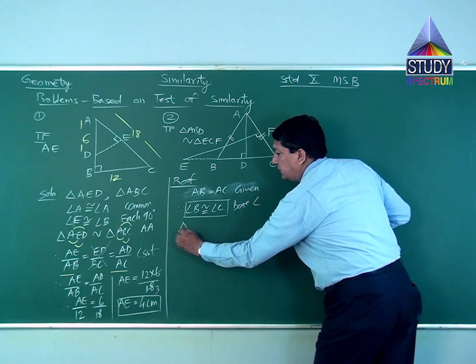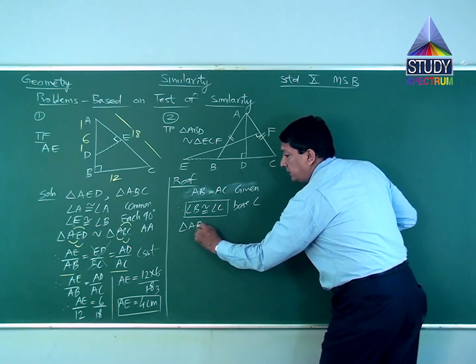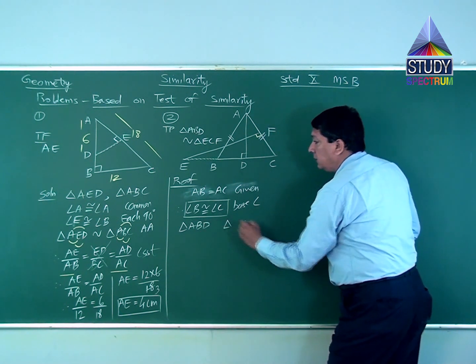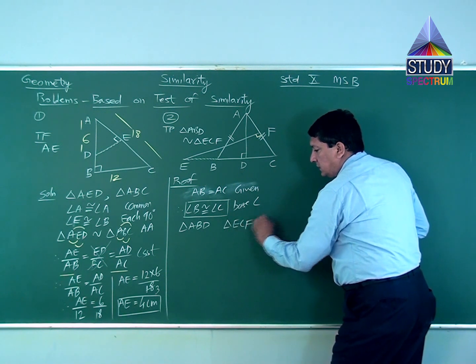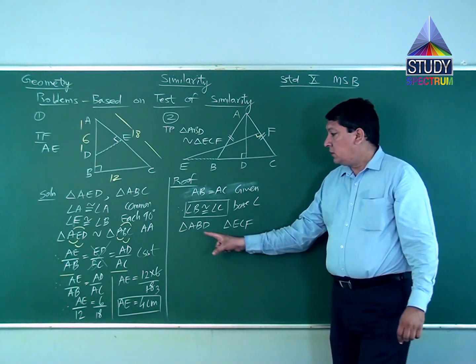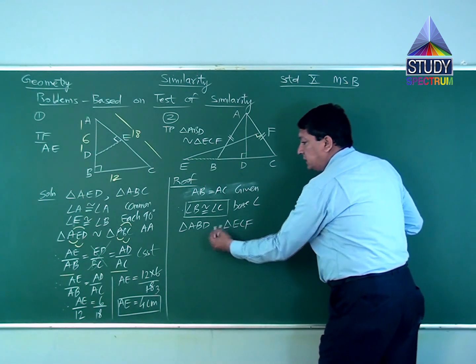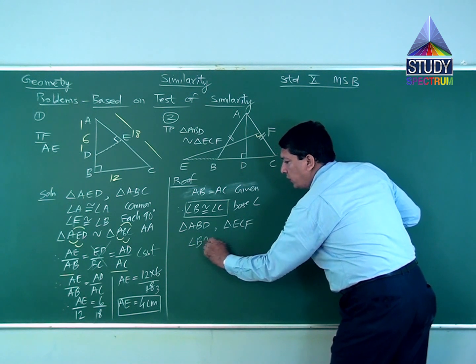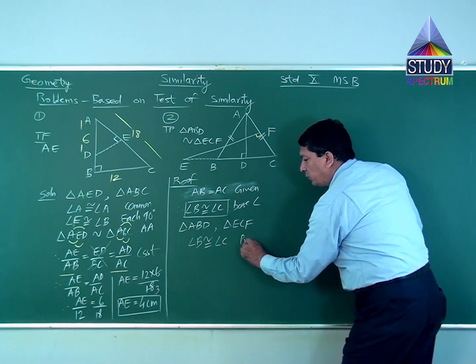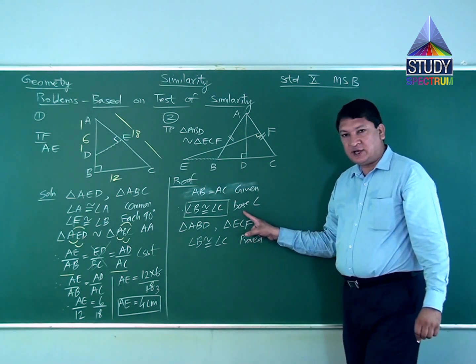Now we'll take those two triangles which I have taken in the first stage, triangle ABD and triangle ECF. In these two triangles, as I said, angle B congruent to angle C, this we have already proved in the initial stage.